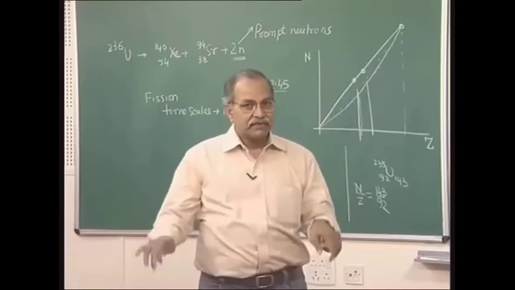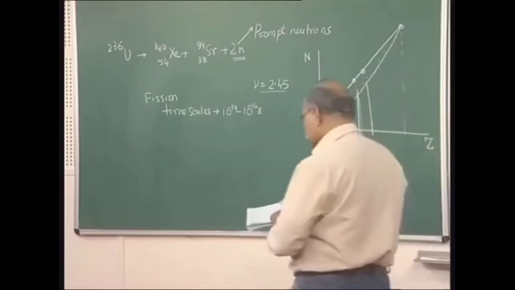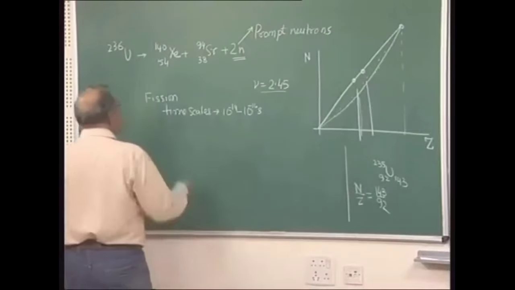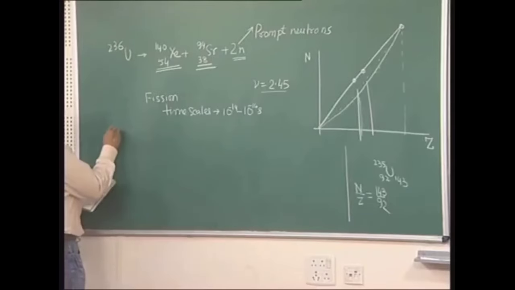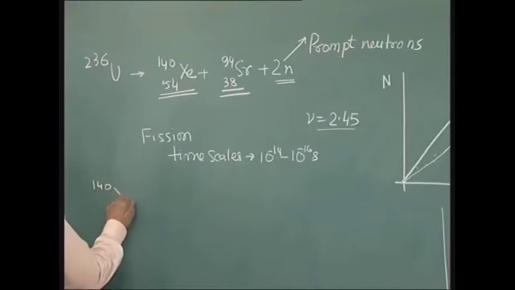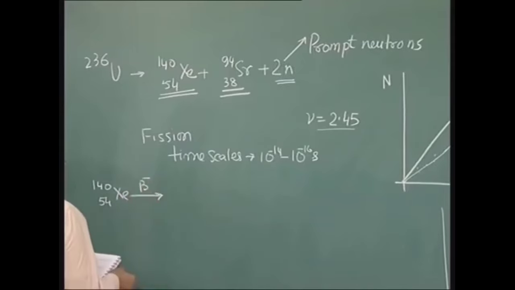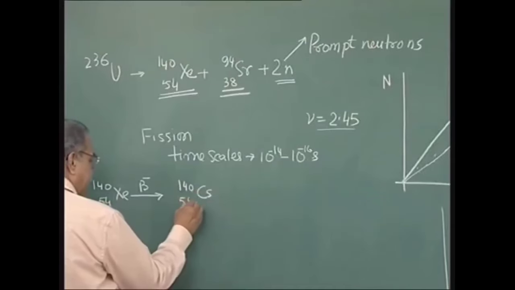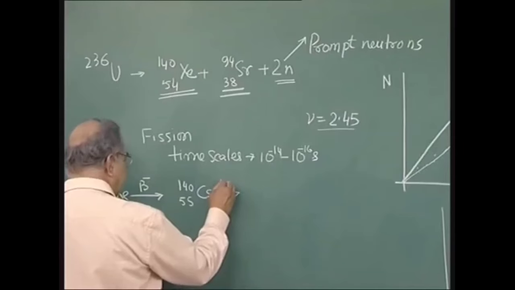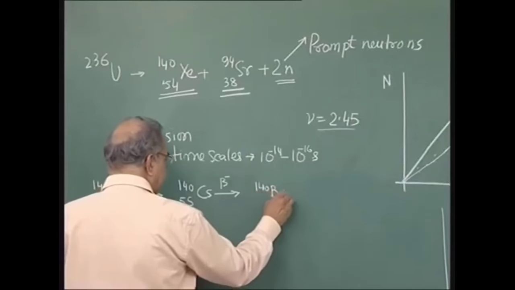So, let me write some of those beta chains. For example, in this reaction, these 2 elements that are created here are beta active, and they come to stability through these reactions. 140 Xe 54 will beta minus decay to 140 Cs 55, and this will beta decay to 140 Ba 56.